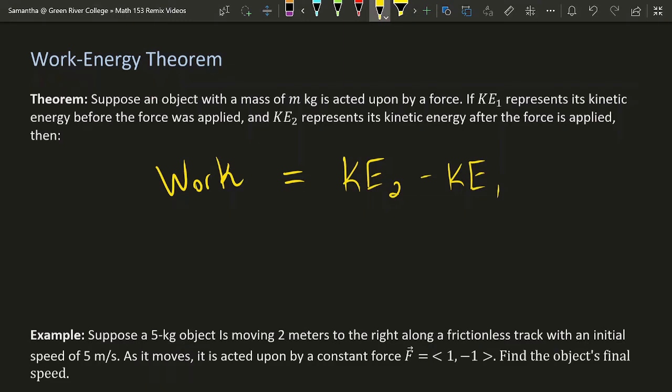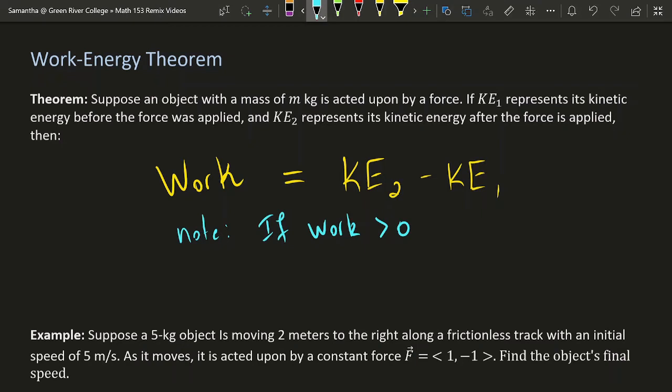So this confirms our intuition. If, for example, the work done is positive, then KE2 must be larger than KE1.